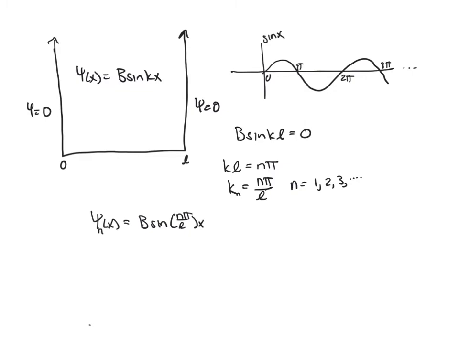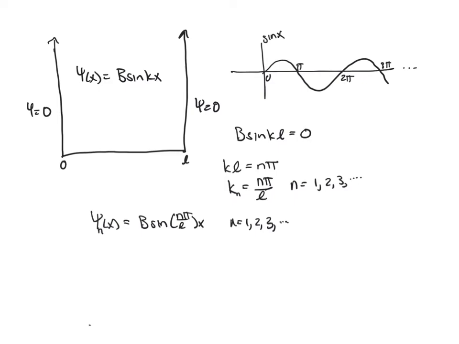We have a set of wave functions, one for n equals 1, one for n equals 2, one for n equals 3, and so forth and so on. So we have a set of wave functions that are quantized according to the integers 1, 2, 3, or the quantum number n.